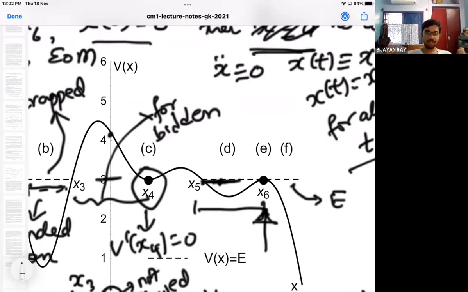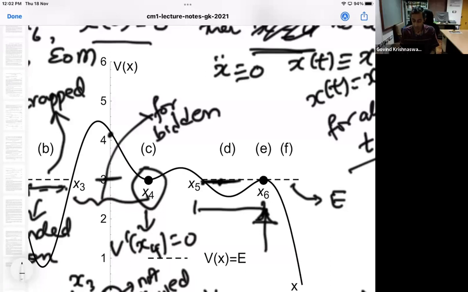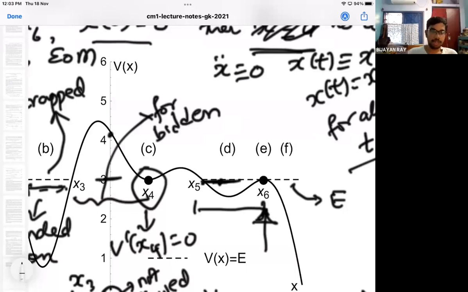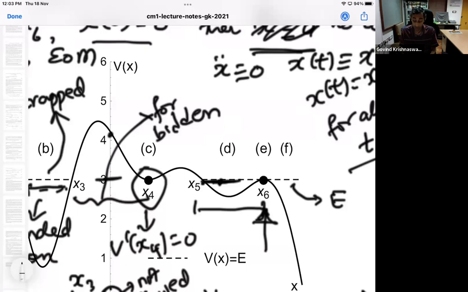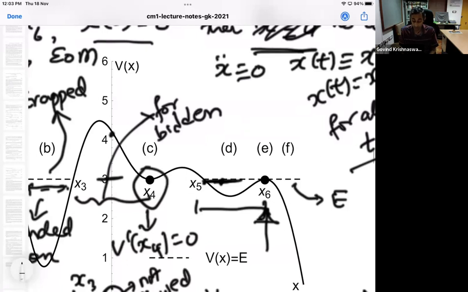It would go away and away, out of this potential curve, like it's decreasing abruptly after x6. So you are suggesting that the particle will reach x6 and go beyond and perhaps escape to infinity. Yeah, if it has enough energy. Okay, see, we are being very clear here.